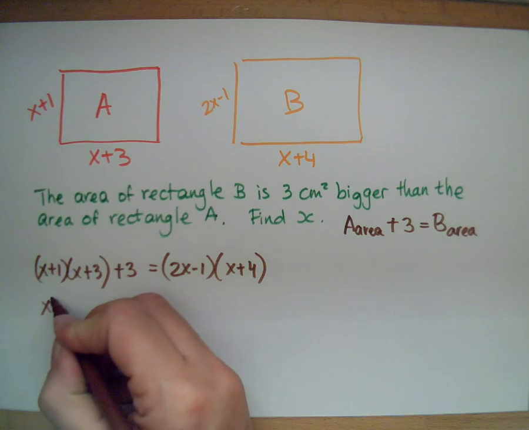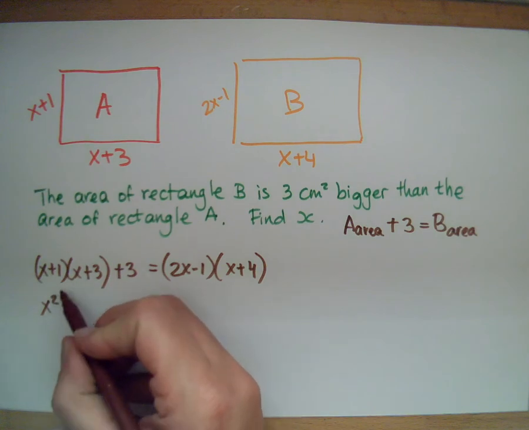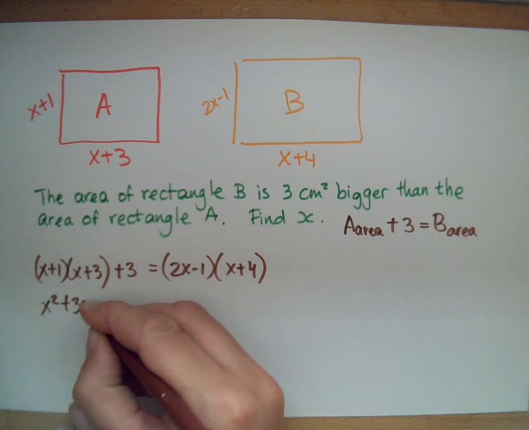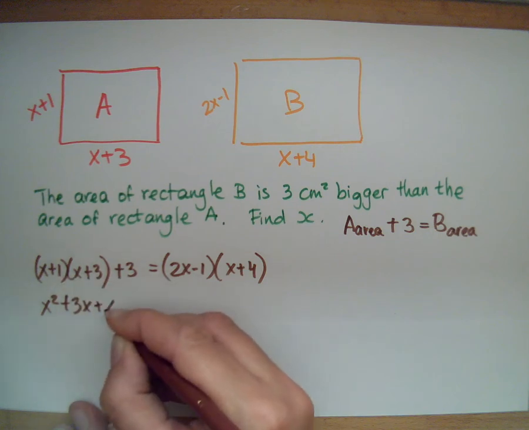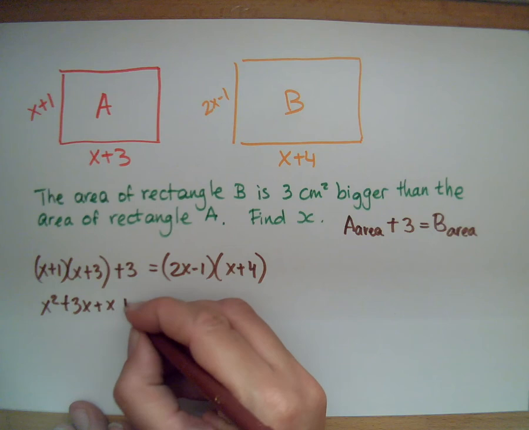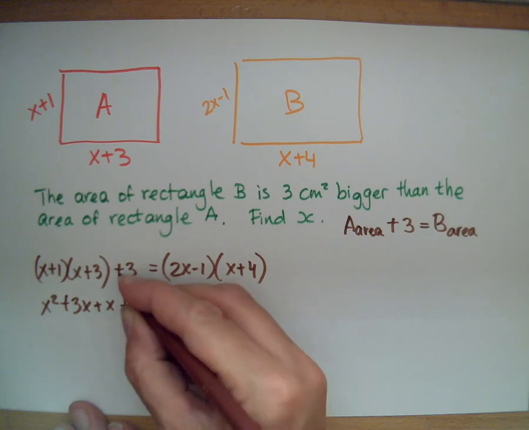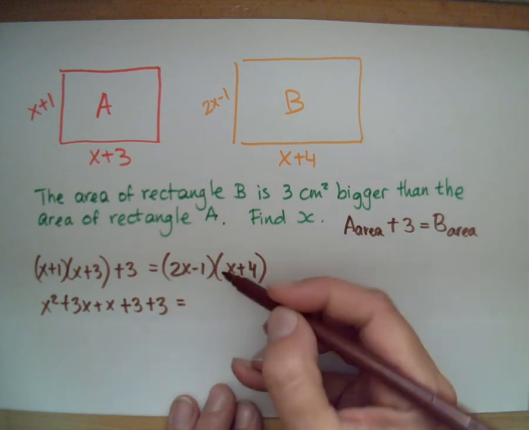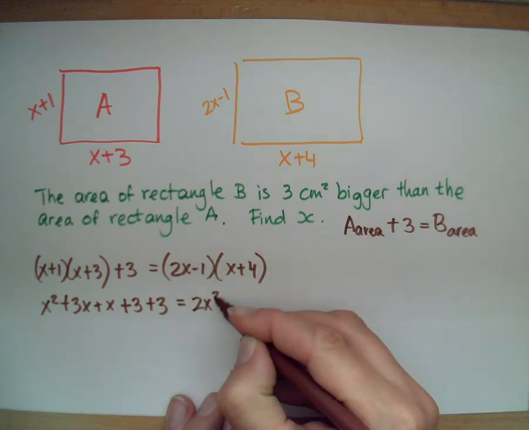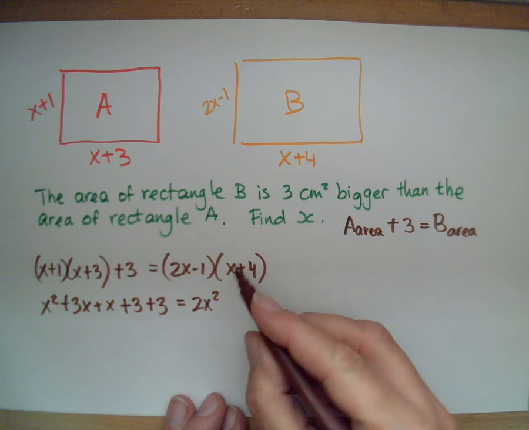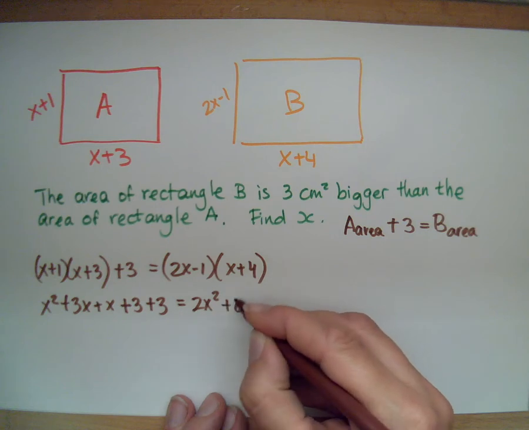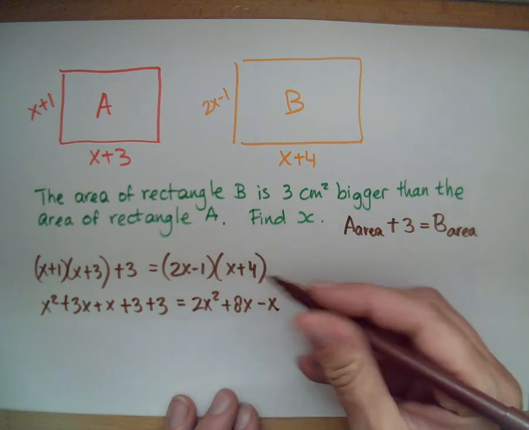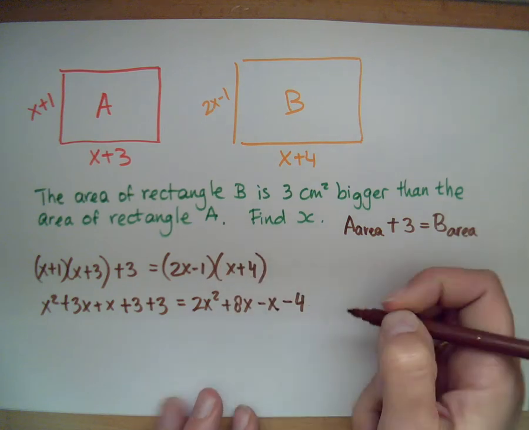First, x times x, x squared, outer plus 3x, inner plus 1x, last plus 3, and then this 3 is equal to 2x times x, 2x squared, outer plus 8x, inner minus 1x, last minus 4.